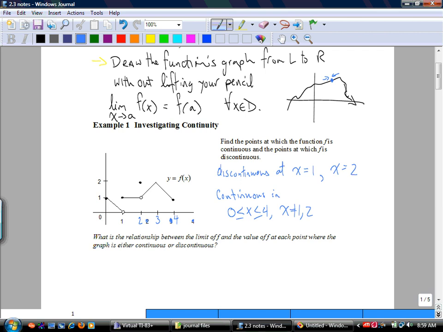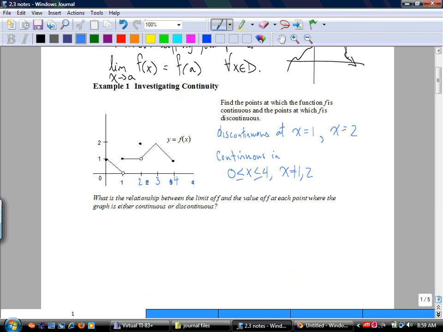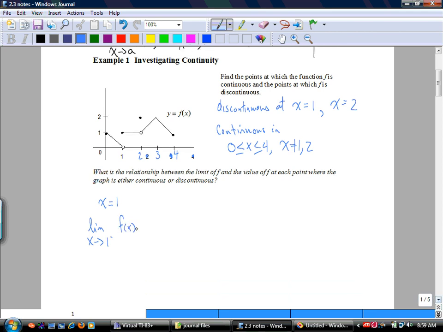Okay. I want everybody to take a look at two points. I want to look at x equals 1. I want to look at the limit as x approaches 1 from the left. I want you to tell me the y value. And the limit as x approaches 1 from the right.